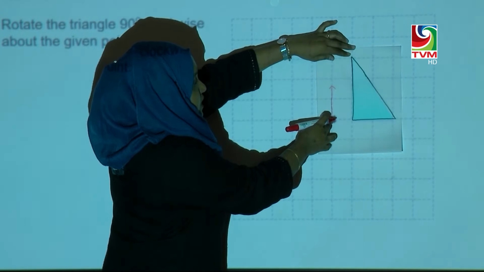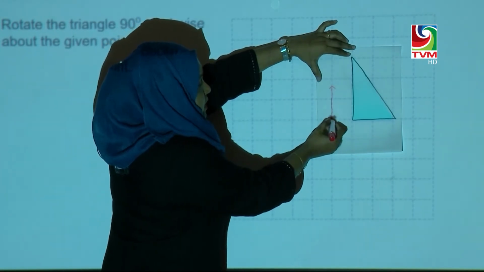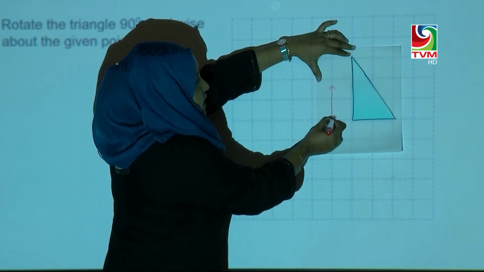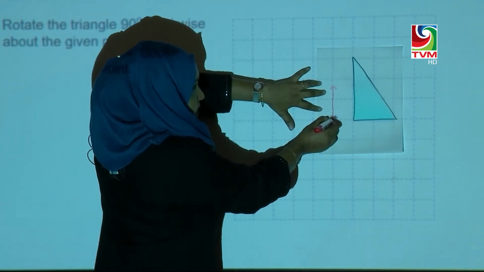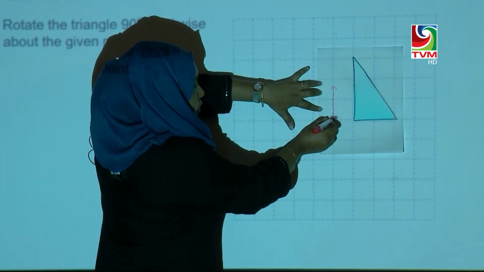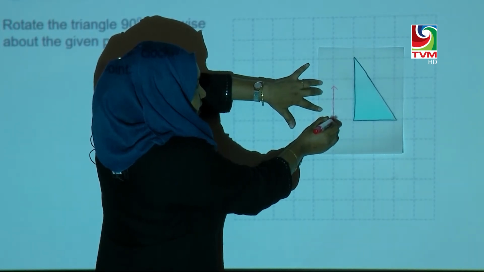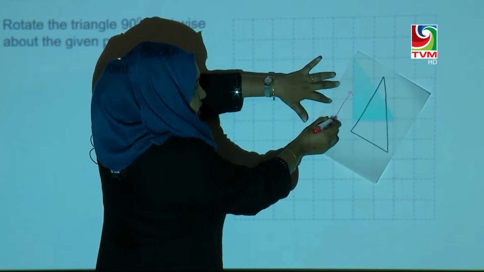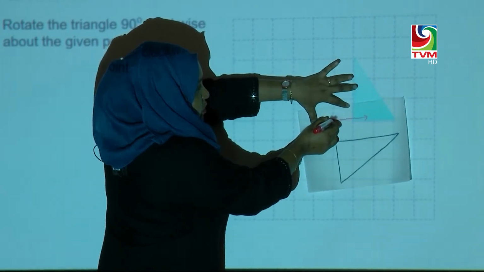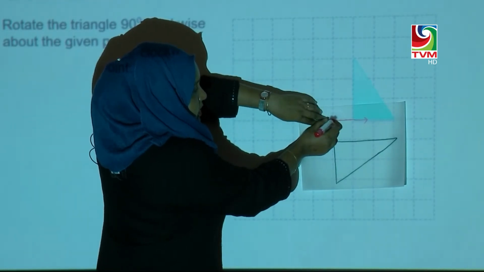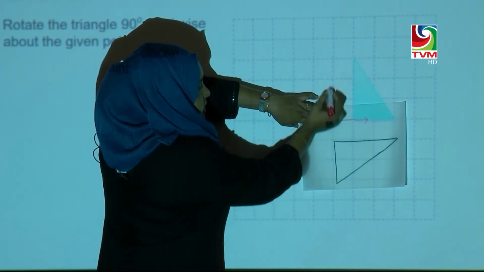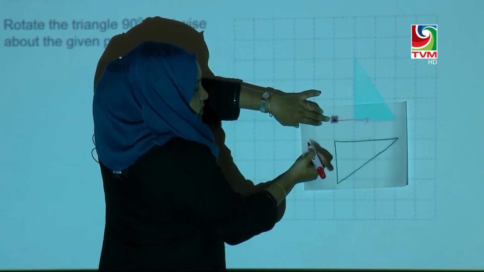For example, if the question asks you to rotate 90 degrees clockwise, you have to place your pencil point or compass point at the center and then rotate it 90 degrees clockwise. When we rotate the tracing paper 90 degrees clockwise, as you can see, this vertical arrow becomes horizontal.